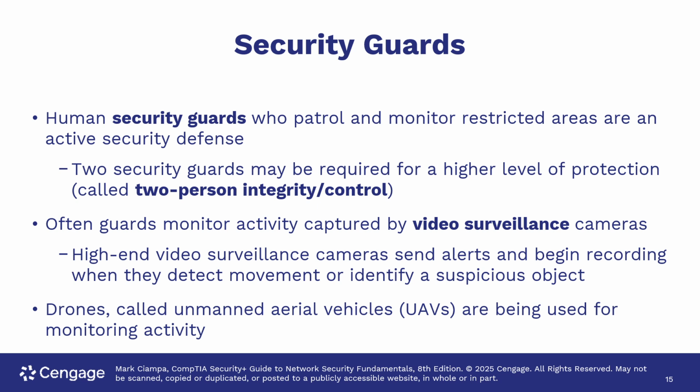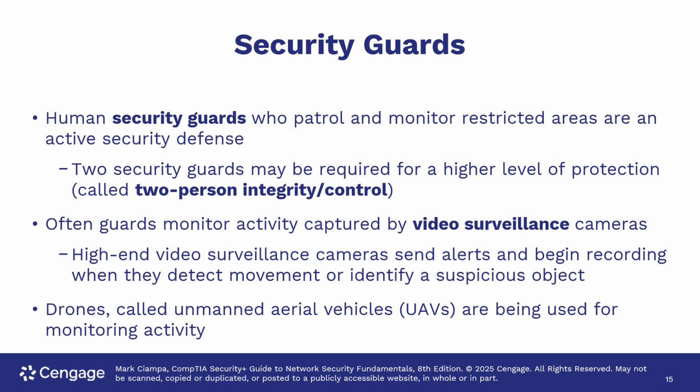They call it two-person integrity control. Often guards monitor activity captured by video surveillance cameras. Maybe a video camera is scanning, and it detects, say, motion and things like that. And then they can start recording and notify the security guard, and they can maybe send out someone to investigate.